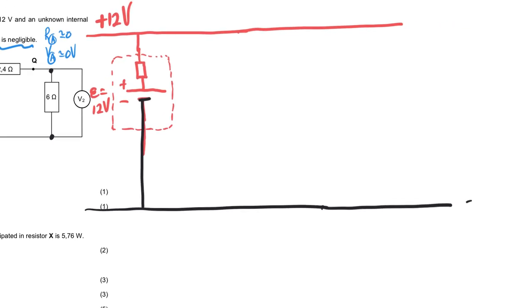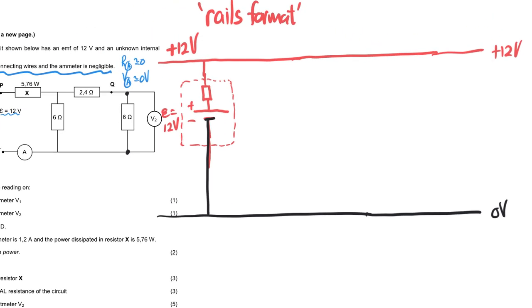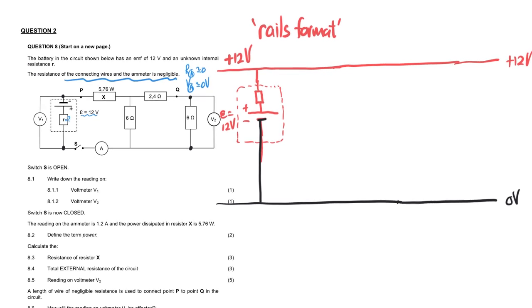Ideally this would be plus 12 volts if voltage wasn't lost because of internal resistance. We are going to change this voltage just now, once the current starts flowing.